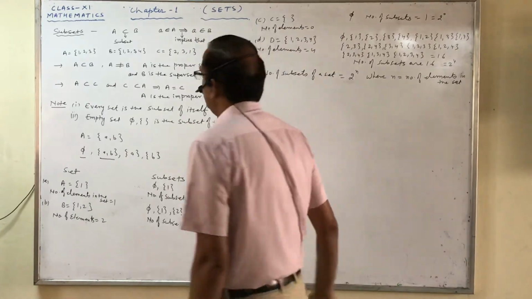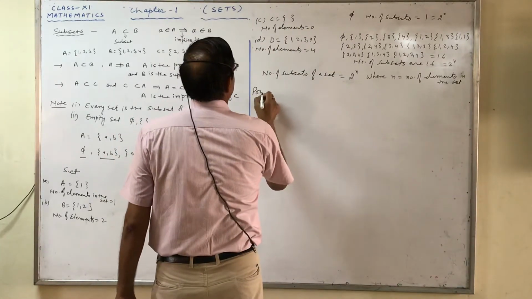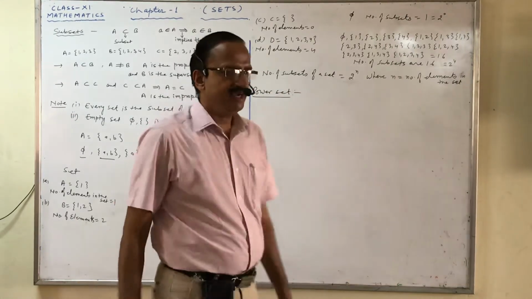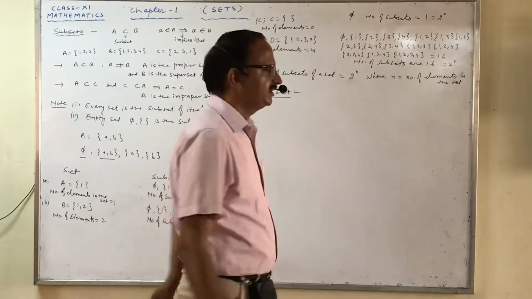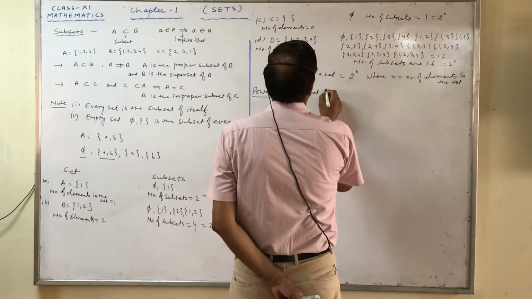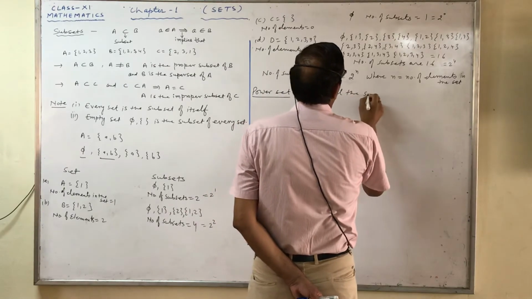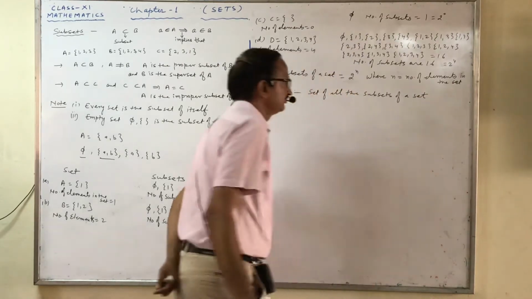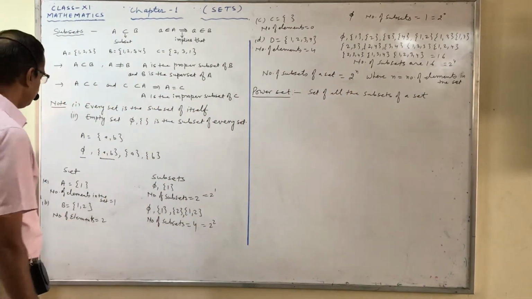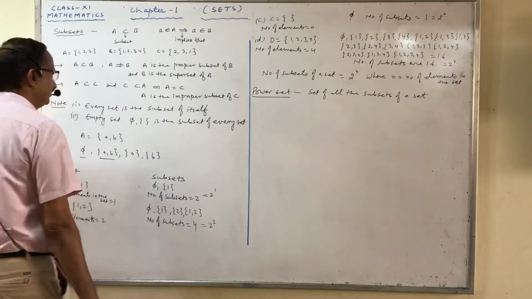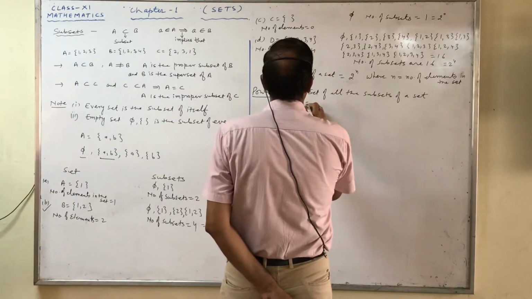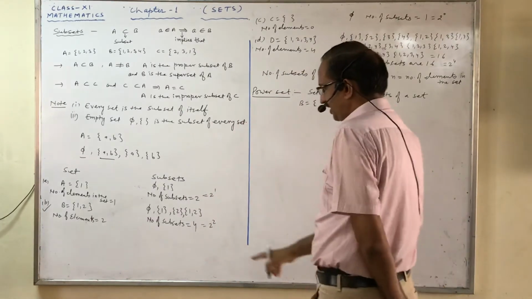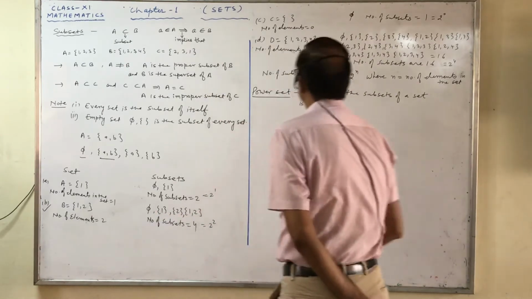Okay, now power set. Power set means it is a set of all the subsets of a set. For example, if I am considering this set B, it has two elements and its subsets are 1, 2, 3, 4.